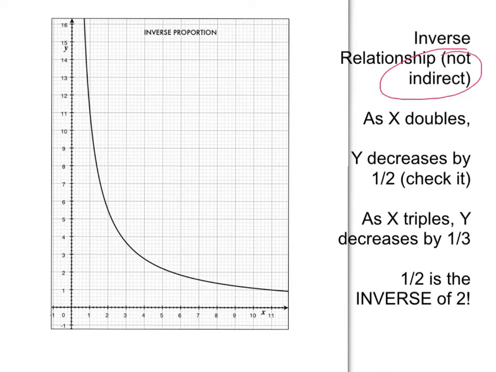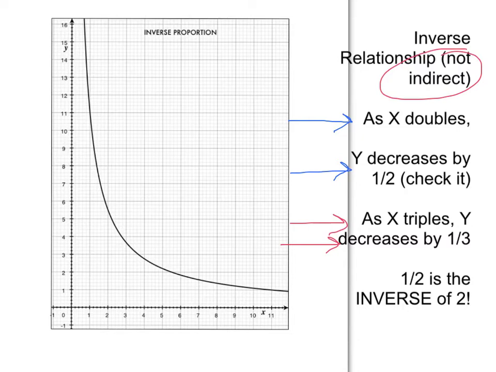But this is a little bit more specific. It's exactly inverse. In other words, as x doubles, y decreases by half. As x triples, y decreases by a third. So you're literally taking the inverse of a number on these graphs.